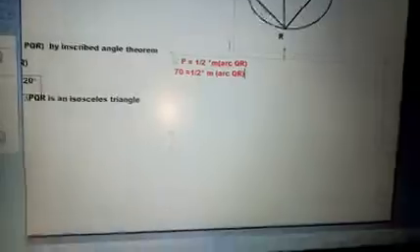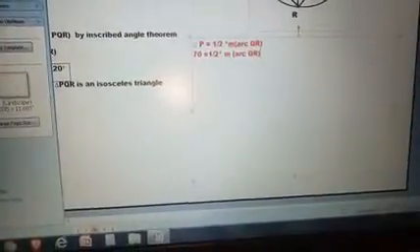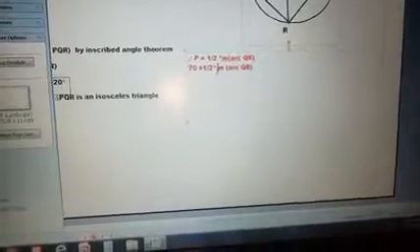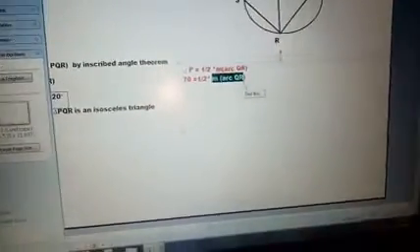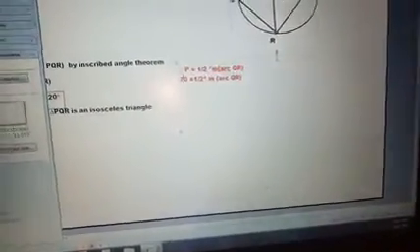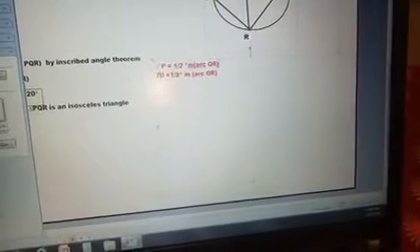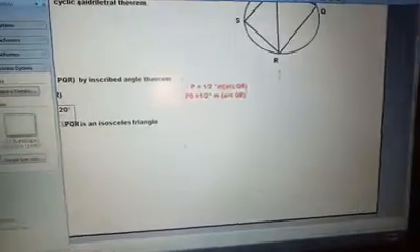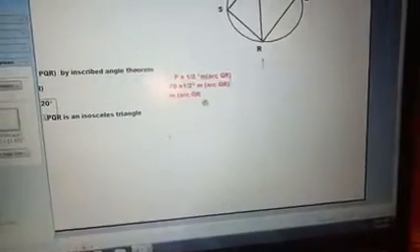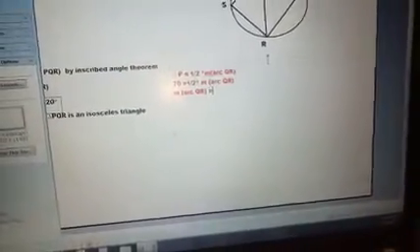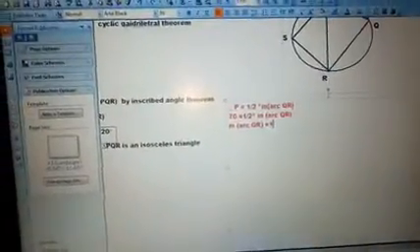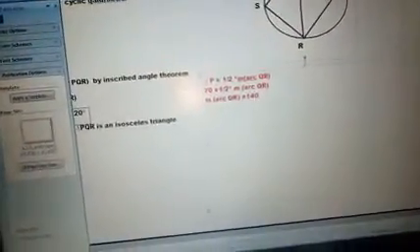After that this 2 is here divided, goes to the other side and multiplies, then 70 into 2, 140. So it means measuring arc QR is equal to 70 into 2, 140 degrees.